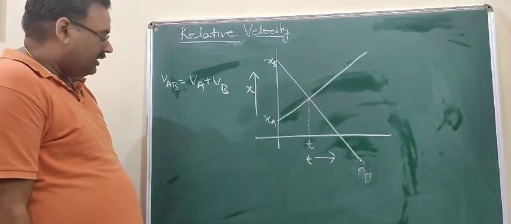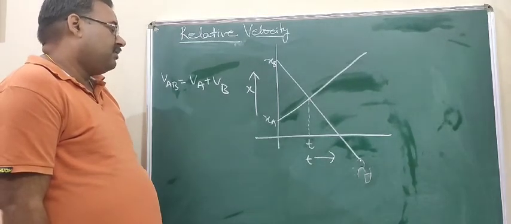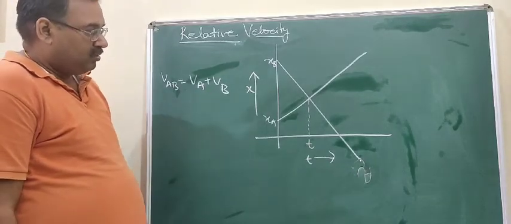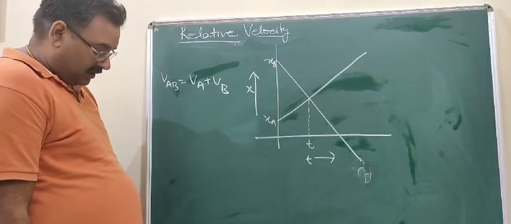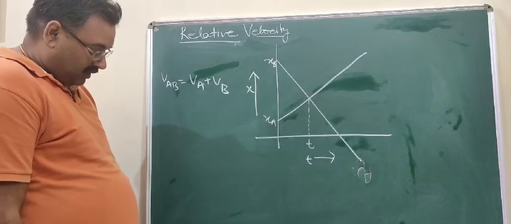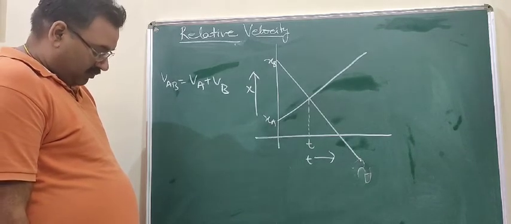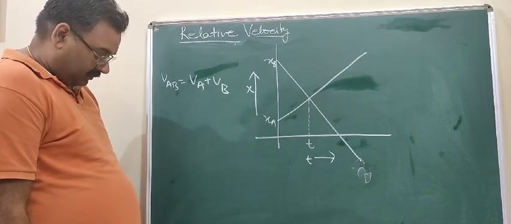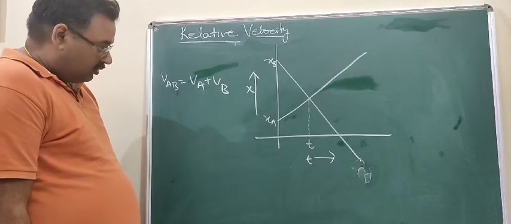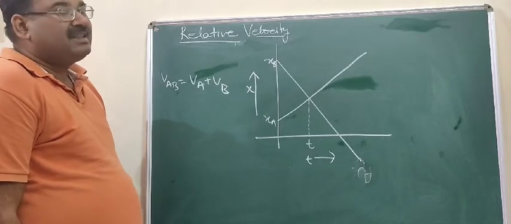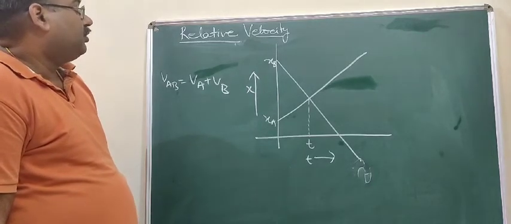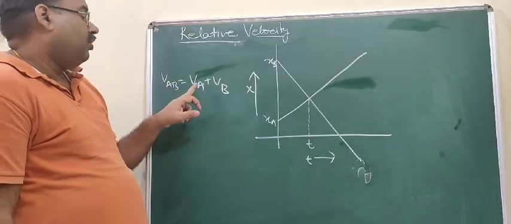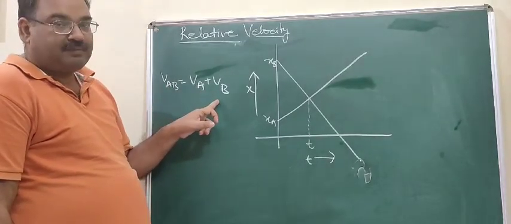In this case, the relative velocity is the sum of the two velocities, v_A plus v_B. So the relative velocity is greater than the magnitude of each individual velocity. v_A plus v_B will be greater than v_A, and also greater than v_B.